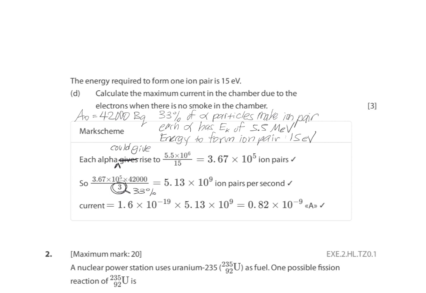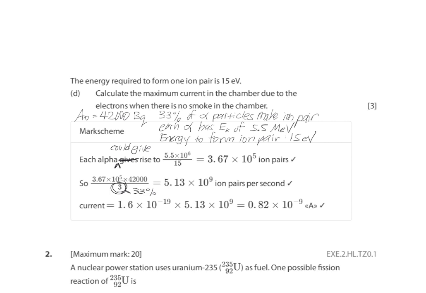And so if each alpha particle has 5.5 million electron volts and it takes 15 electron volts to form an ion pair, you would divide the amount of energy in the alpha particle by the energy to make an ion pair. And so that's what they did in the first step here.